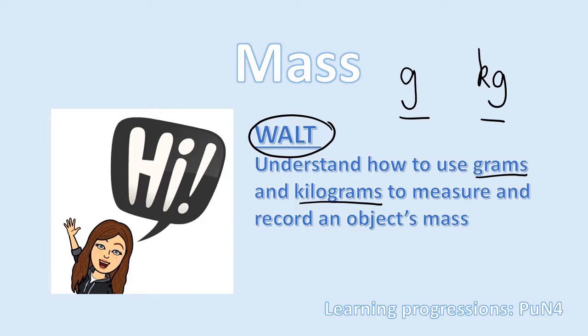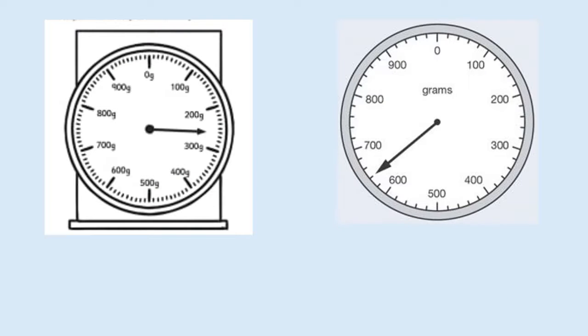So let's get started. What I have here is two different scales telling us the mass of an object, so how much it weighs. The first thing I'm going to teach you to do is to read the scale. If we have a look at this first one, it's telling us that this object weighs somewhere between 200 grams and 300 grams.